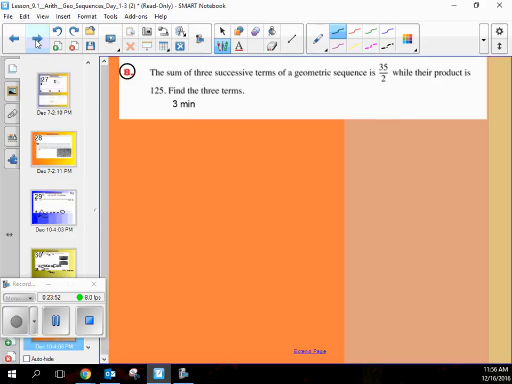All right, and the last one here. It says that the sum, as in this plus this plus this, of 3 of the terms, actually it doesn't say the first 3 terms, is 35 over 2. Do you get how that's an equation? Except I don't know what to put for those. Except you do. You don't necessarily know what number they are, but you could put some kind of a variable system.